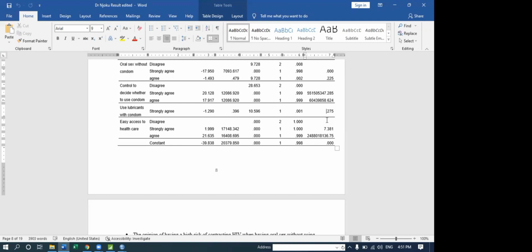So assume it is 1.275. You subtract 1 from it, you get 0.275. Multiply by 100, you get 27.5. So when you want to interpret based on the likelihood, the percentage there is 27.5%. So this is how I will interpret it. Let me state it again.